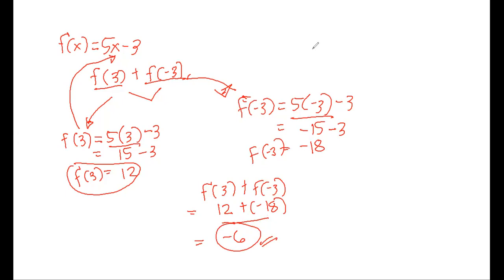Now let us solve problem 1c. Again, the given is f of x equals 5x minus 3. Now we solve for f of 2/3. Again, we substitute 2/3 to the value of x.